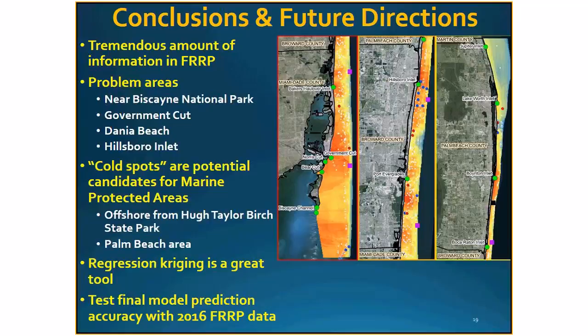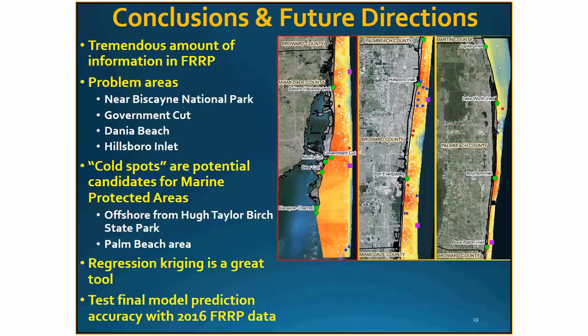Again, I wanted to reiterate that regression kriging is a great tool because it combines trying to describe the aspatial variation of the data with the spatial variation all in one model. I mentioned they haven't released last year's data yet. We've been talking a lot about 2016 in a lot of these presentations today.